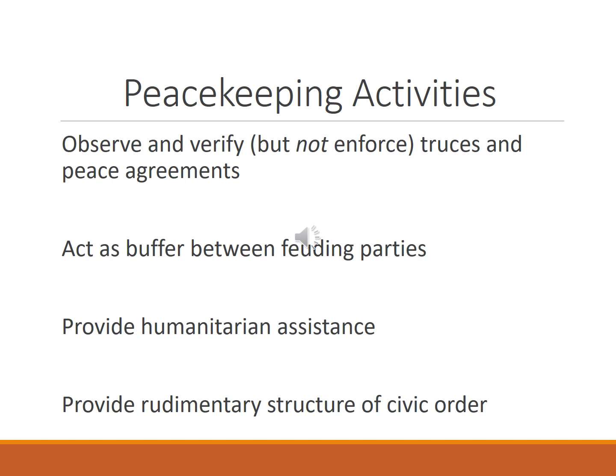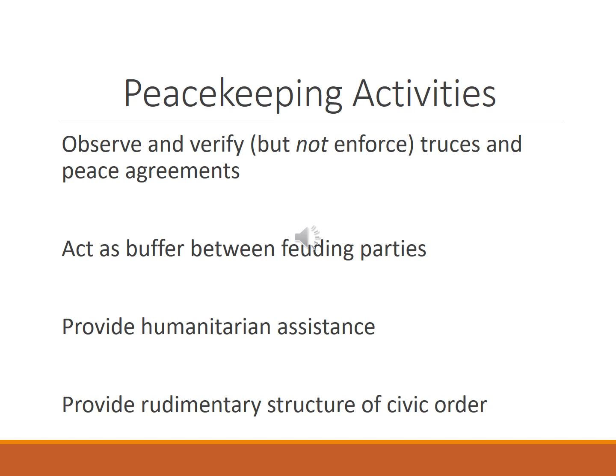For peacekeeping activities where you have an IGO or some kind of neutral party sending peacekeepers, their activities will usually conform to the following. First is to observe and verify any treaty or agreement that's been agreed upon by the warring parties. Notice that the duty here is to observe and verify, not to enforce it. If violations of the agreement are taking place, they're simply to write these down and record them.